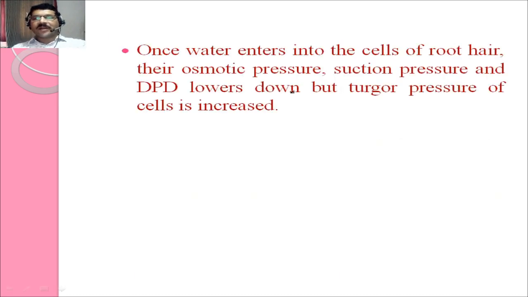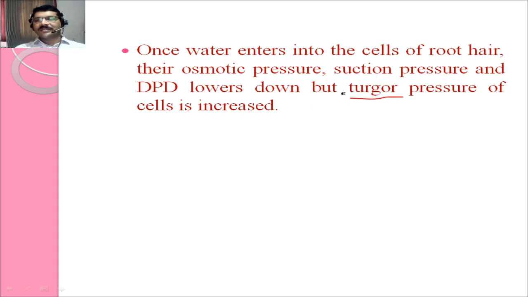Now once water enters into the cell of the root hair, its osmotic pressure, suction pressure and DPD lower down, but the turgor pressure of the cell is increased. Due to osmosis, soil water entered into the root hair cells, and once water enters the cells, the osmotic pressure and suction pressure of the cell gradually decrease and the cell becomes turgid.